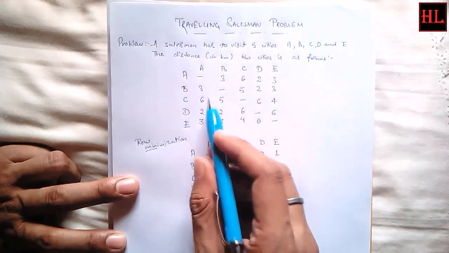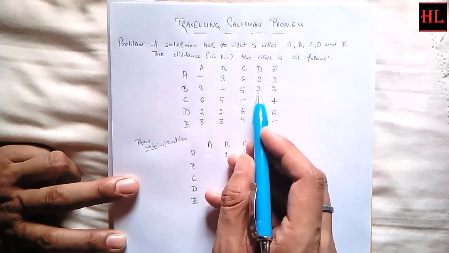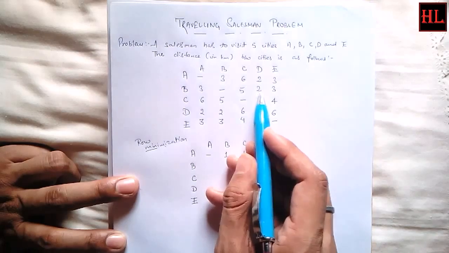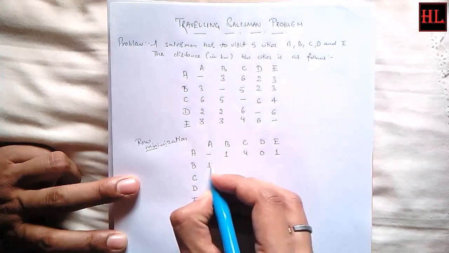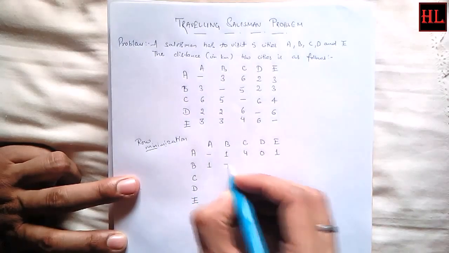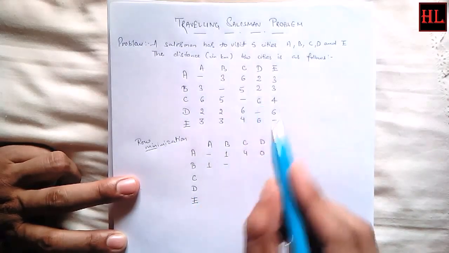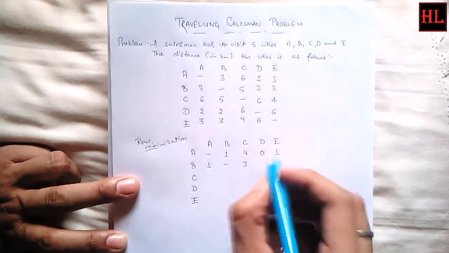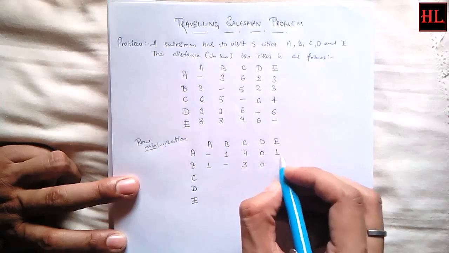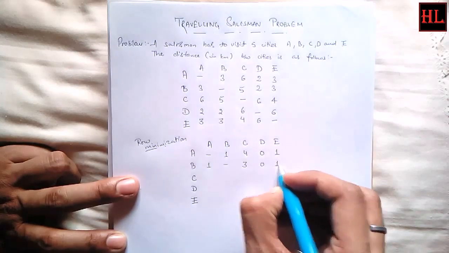Now for row 2 the minimum element is again 2, so we'll subtract 2 from all the members of row 2. So 3 minus 2 would be 1. Here we'll put a dash, and 5 minus 2 will be 3, and 2 minus 2 will be 0, and 3 minus 2 will be 1.